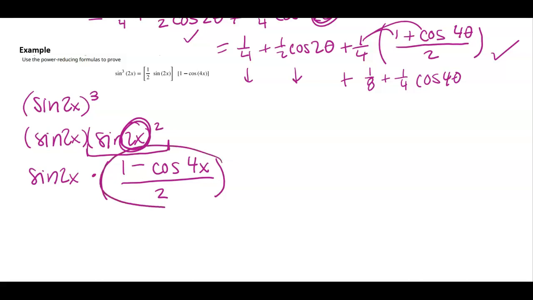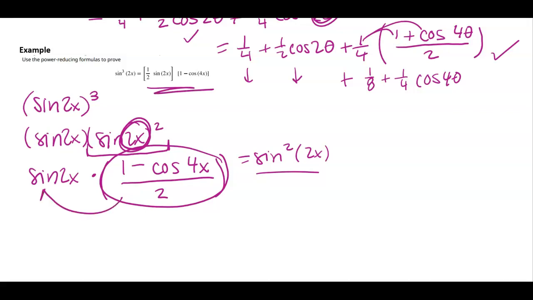This is equal to sine of 2x squared. And then we just need to manipulate to look like this. If I factor this 1/2 out completely, I would have 1/2 sine of 2x on the outside, and then 1 minus cosine of 4x on the inside, and that ends up checking out with our right-hand side.